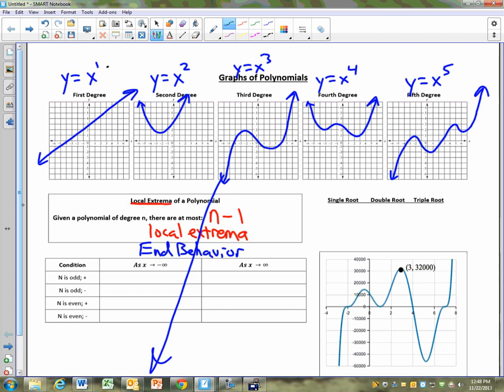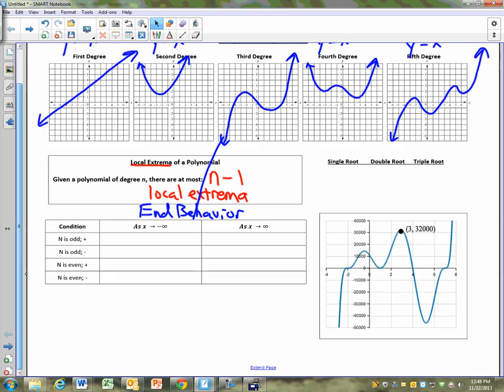So as x goes towards negative infinity, y goes towards negative infinity as well. We call that the end behavior of the graph. As x goes towards negative infinity, y goes towards negative infinity.